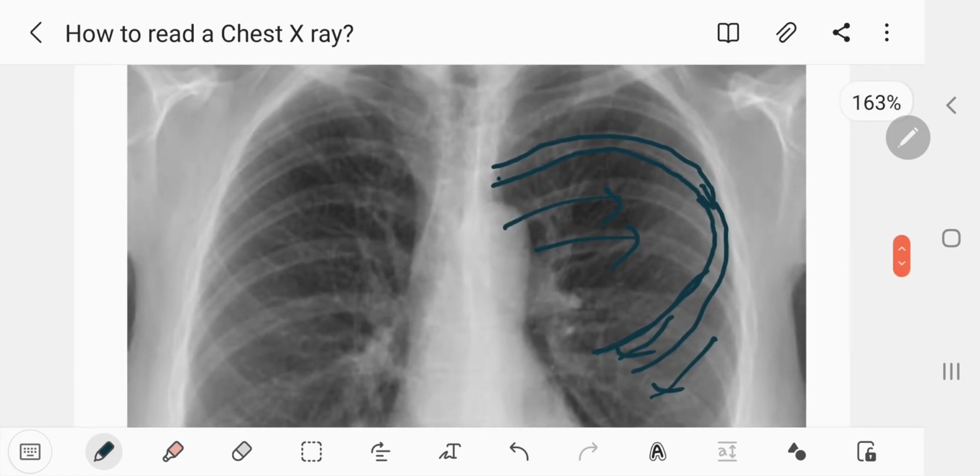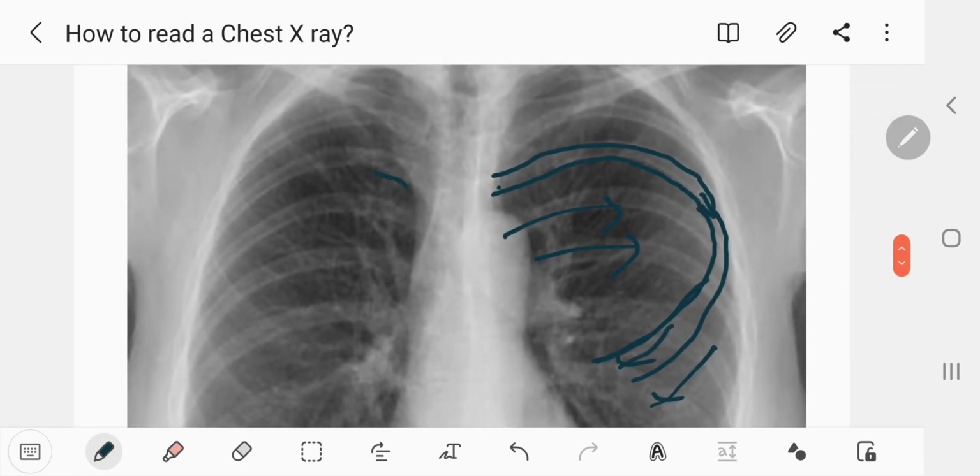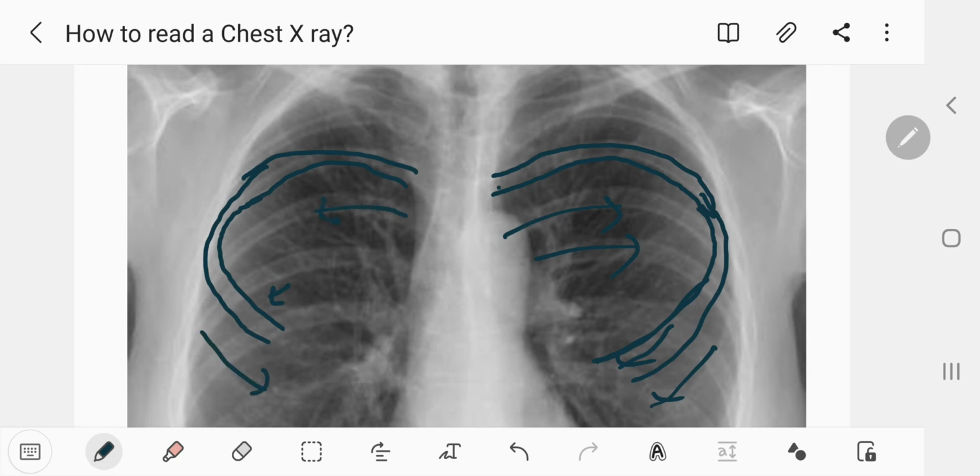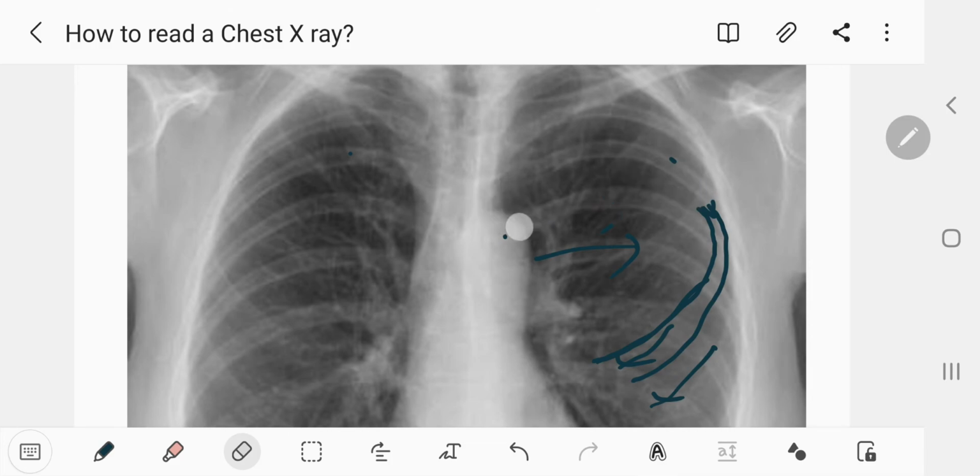Zooming a little bit over this side, we have this as the posterior rib, and when the posterior rib comes along, takes a turn, and ends over here, this is the anterior part of the rib. So this direction is the posterior rib, and this direction is the anterior rib. I really hope that helped you with identifying the anterior and posterior parts of the ribs.